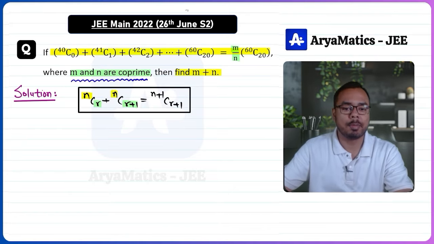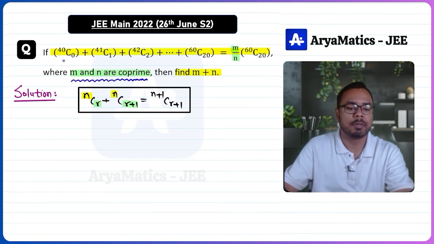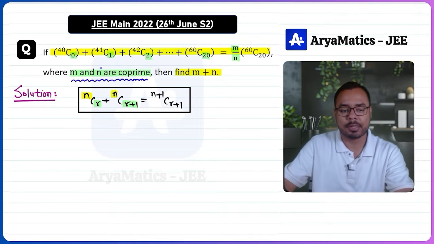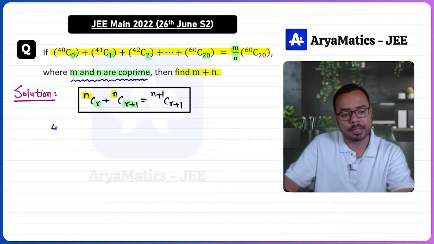Now, in this type of problem where you have a sum of binomial coefficients and the lower index is changing, C0, then C1, C2 up to C20, you can think of this property. Let us write the left hand side: 40C0 plus 41C1 plus 42C2.